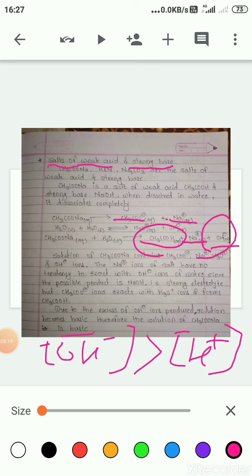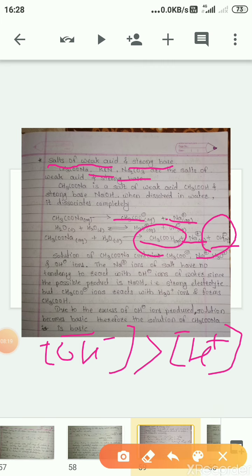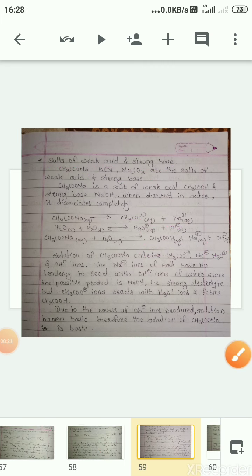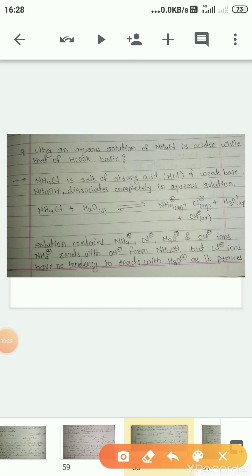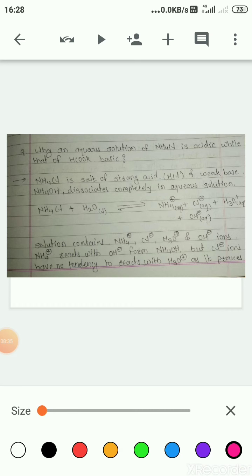Same concept you can apply for KCN and sodium carbonate. Now see, why is the solution of ammonium chloride acidic while that of potassium formate is basic? We have given ammonium chloride, and second, potassium formate.